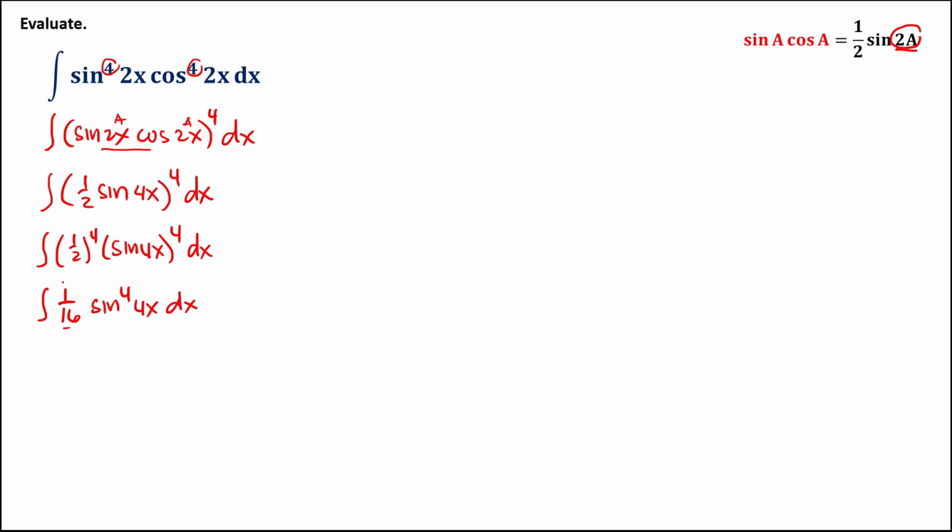Then we can put this constant outside the integral. So this is 1 over 16, then the integral. For this sine to the power 4 of 4x, we can write it as sine squared 4x times sine squared 4x, then the dx.